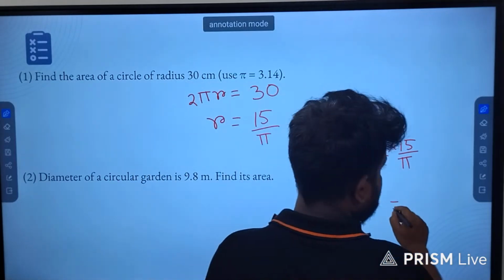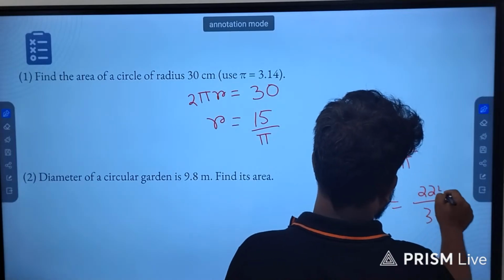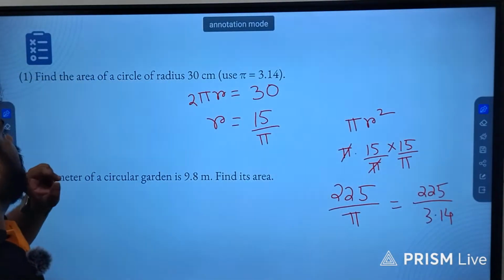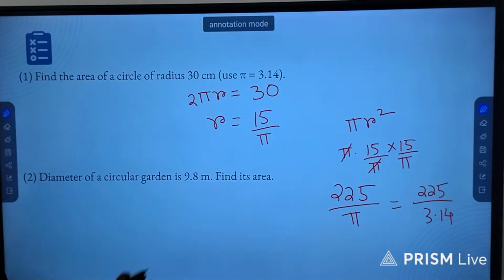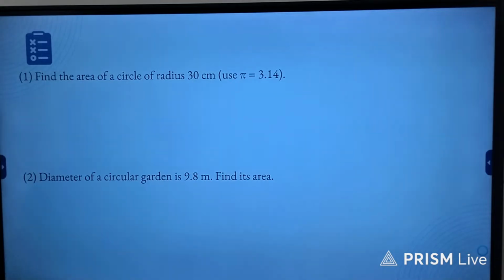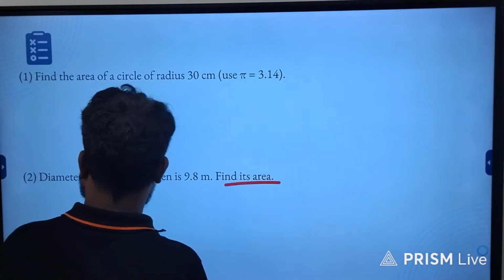Pi means 3.14, and it will be 225 divided by 3.14. Now calculate this, we will get the area of the circle. The next one is the diameter of a circular garden, that is 9.8 meters. From that, find its area.